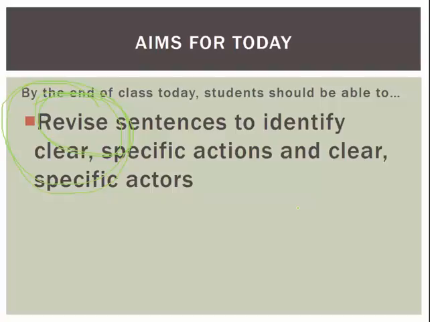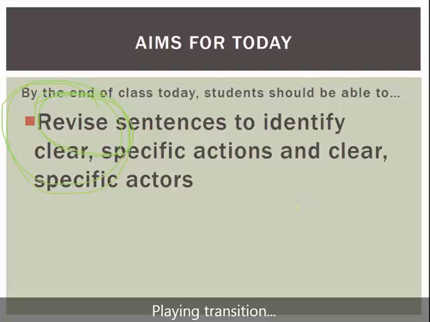So if you don't have clear, specific actors and actions in your sentences when you first write them, that's fine. That's normal. If we could do that, then we wouldn't have to learn what we're learning today. This is really about how you revise sentences.